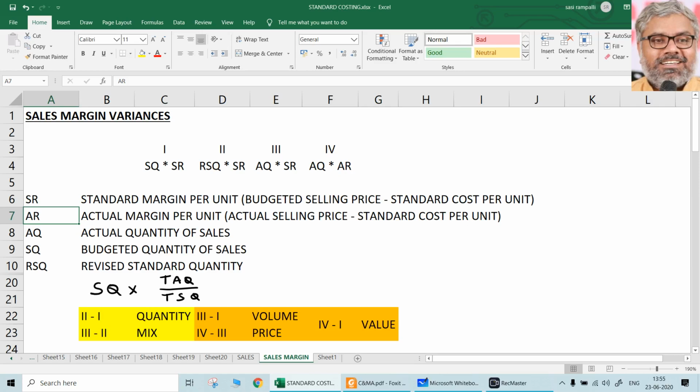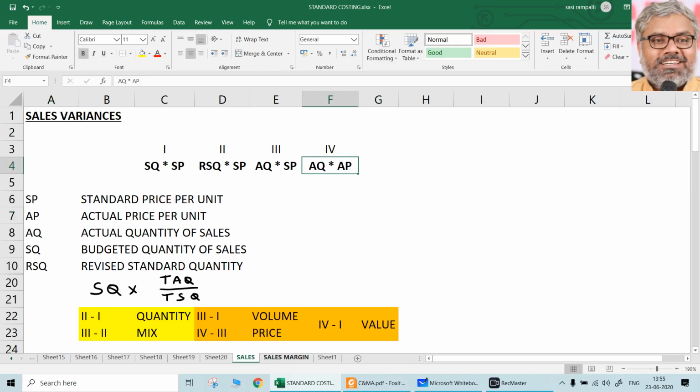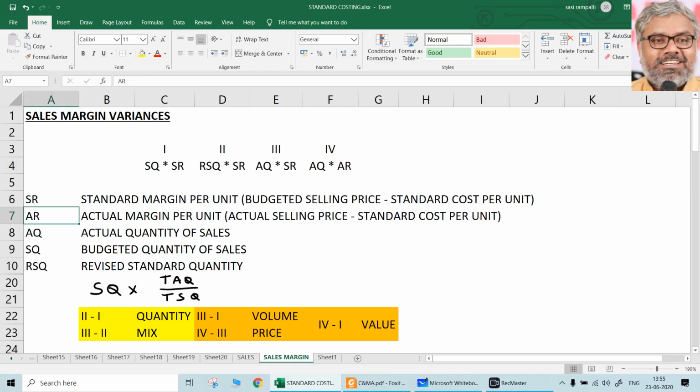So this is the only place where you have to be careful. Actual margin per unit, we may think is actual selling price minus actual cost. No. Here actual cost is not going to be taken. Actual margin here is actual selling price minus standard cost per unit only. So we are not going to take the actual cost. The margin variances and sales variances are not concerned with the efficiency of the enterprise.